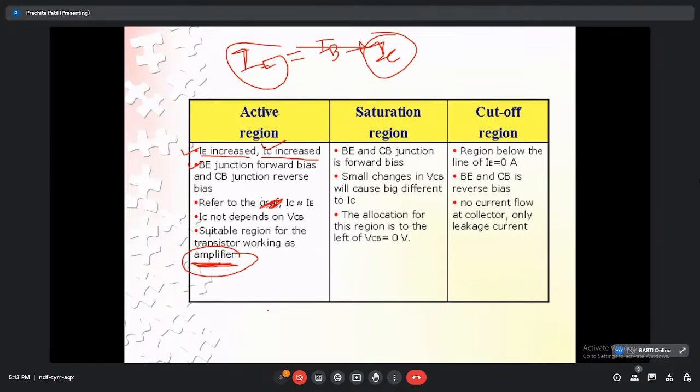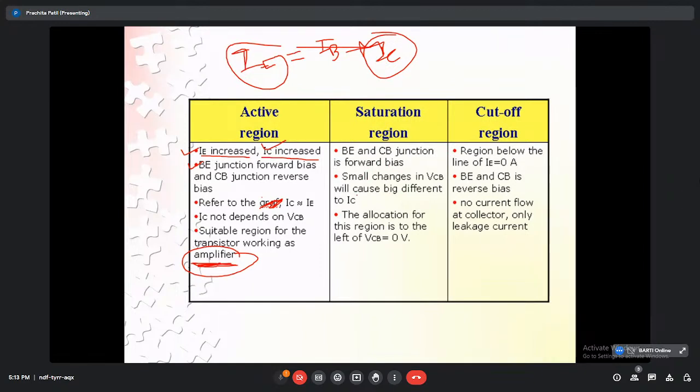It is between 100 and 500. That is why the common emitter configuration can be considered one of the best configurations for the process of amplification. Then the BE and CB junction is forward biased. Base to emitter and collector to base junction is forward biased.